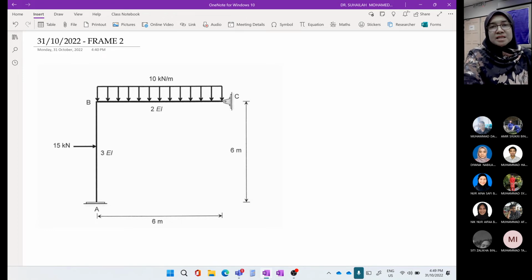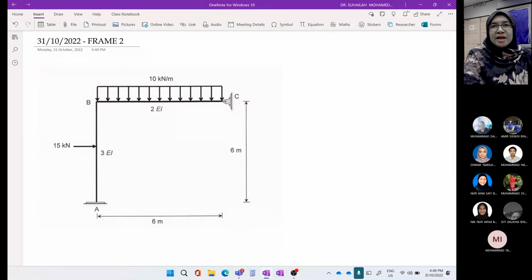To calculate displacement, we have to integrate the moment equations, which we get from the primary system and the redundant system. And to get the moment equation, we have to have the reactions.